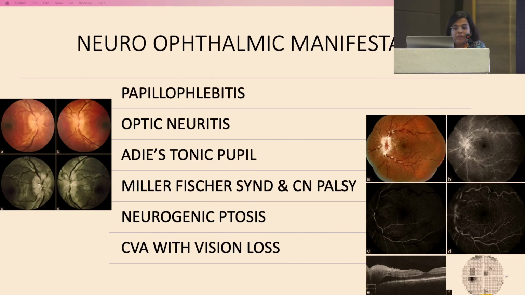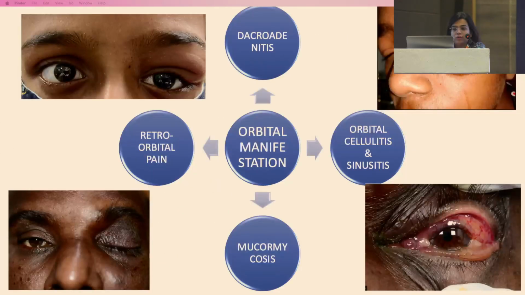Neuro-ophthalmic manifestations: there are very few case reports because these were in patients who were hospitalized with very severe COVID infections, but there are cases mentioning papillophlebitis, optic neuritis, Adie's tonic pupil, Miller-Fisher syndrome with cranial nerve palsies, 3rd as well as 6th, neurogenic ptosis, and CVA with vision loss.